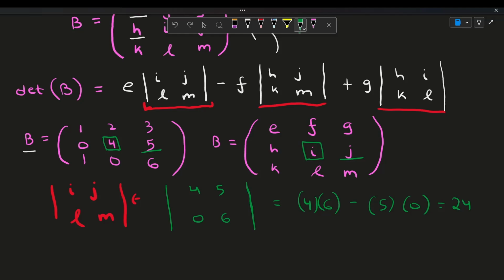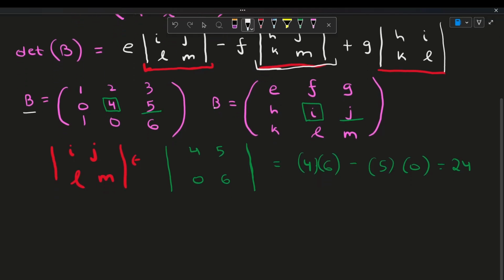So now, what we have to do is find the determinant of the second part. The second part is h, j, k, and m. Let's go about doing that. So h, j, k, and m. So the values would be 0, 5, 1, and 6.